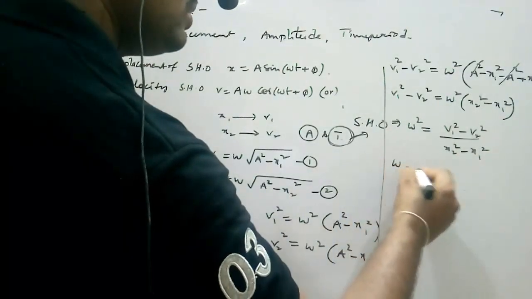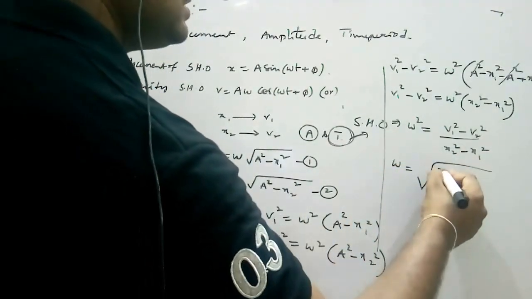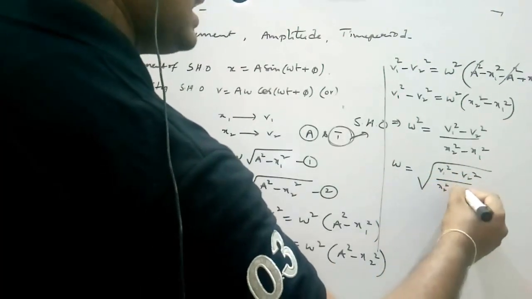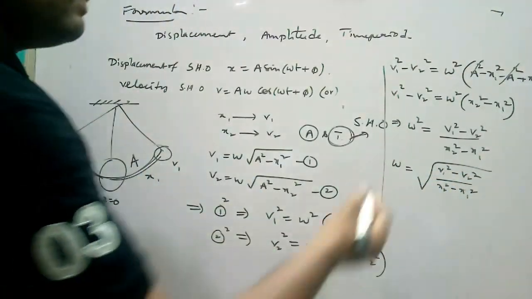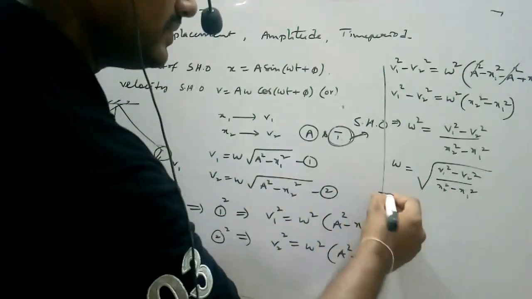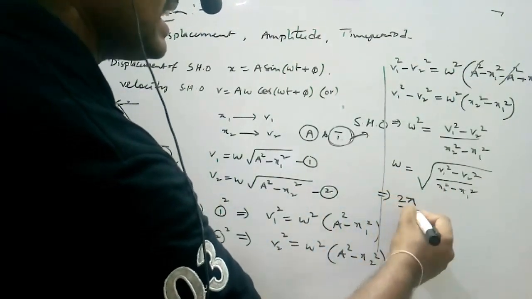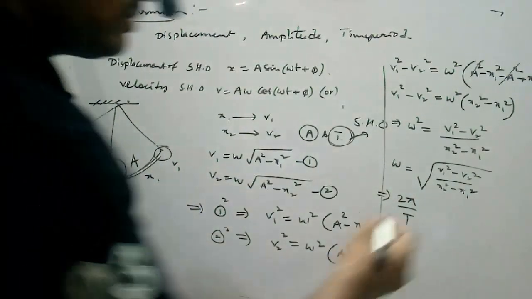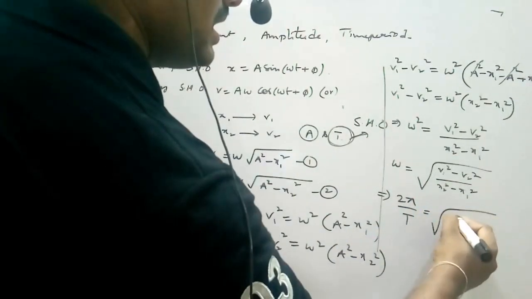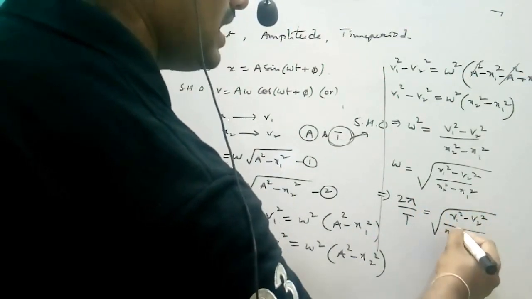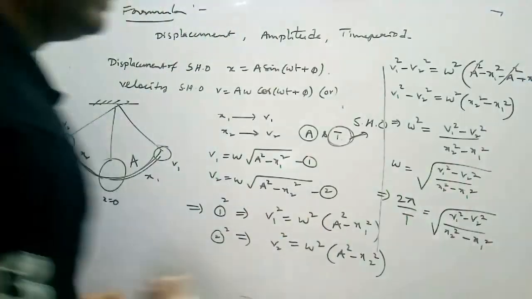Then omega equal to under root of v1 square minus v2 square by x2 square minus x1 square. Already we know the relation between the time period and omega, that is omega equal to 2 pi by T. So 2 pi by T equal to under root of v1 square minus v2 square by x2 square minus x1 square.